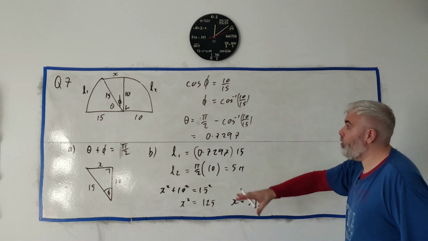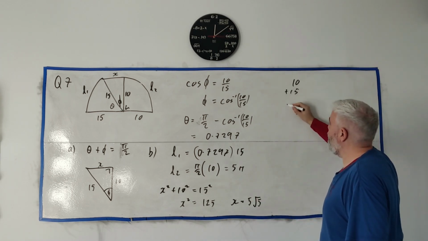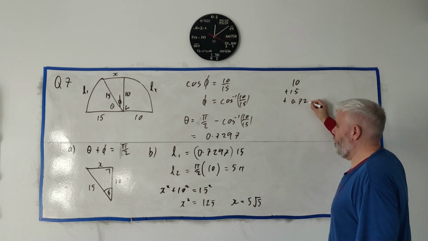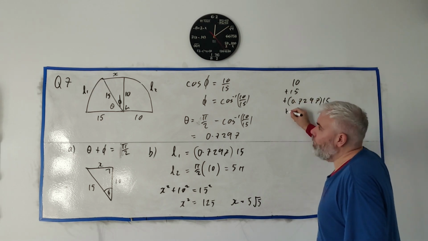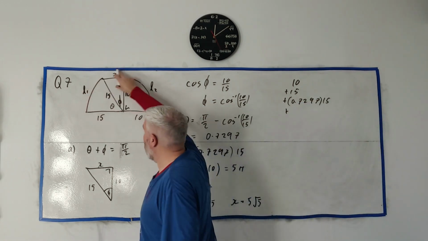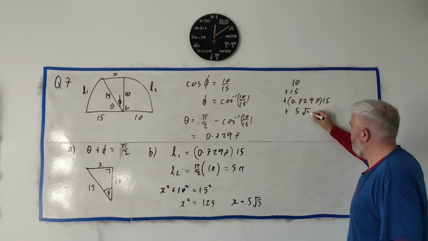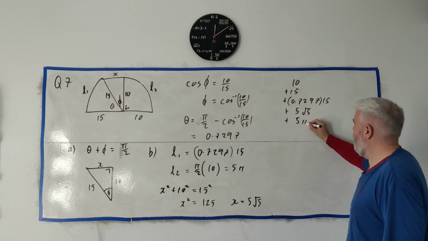So the total perimeter is 10 plus 15 plus L1, that's 0.7297 times 15, plus, going around the shape, x which is 5 square root 5, and L2 which is 5 pi.